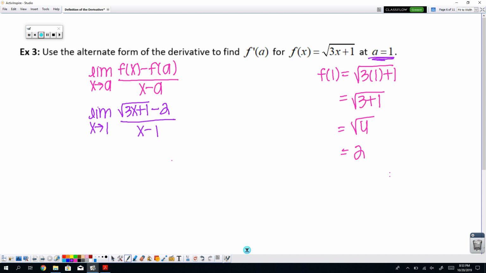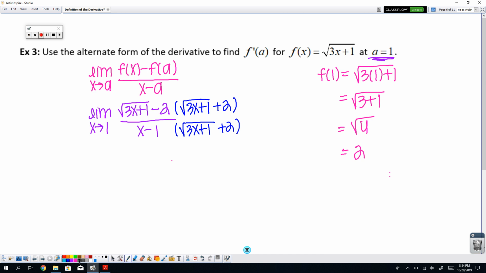Okay? Now let's go through and we're going to need to simplify. So this actually reminds me a lot of what we were doing when we were in the limits unit. So we're going to have to multiply by the conjugate. That's going to be the square root of 3x plus 1 plus 2 and the square root of 3x plus 1 plus 2. Now up top, remember we're supposed to go through and just simplify it.